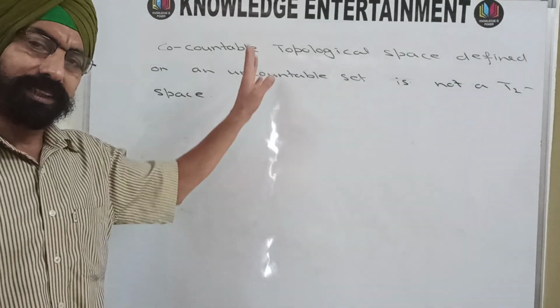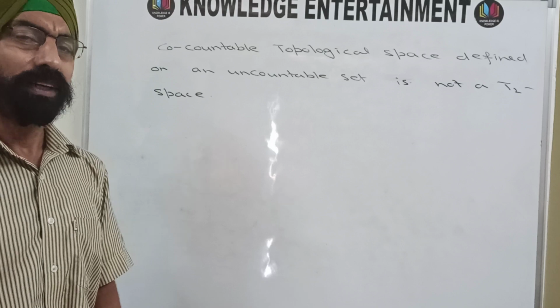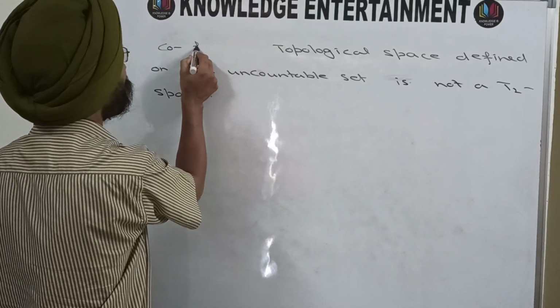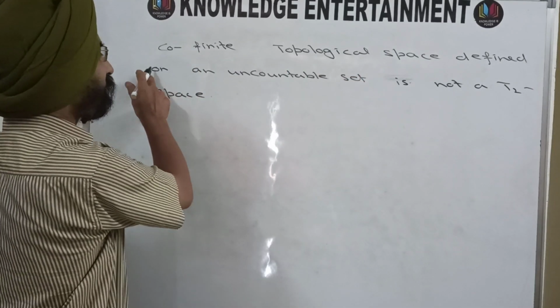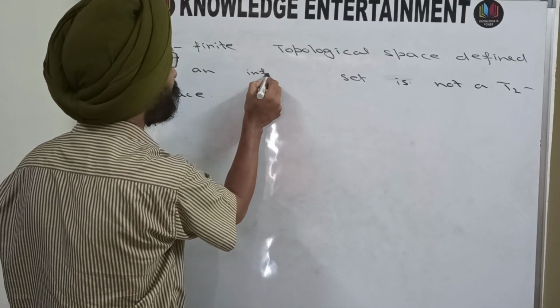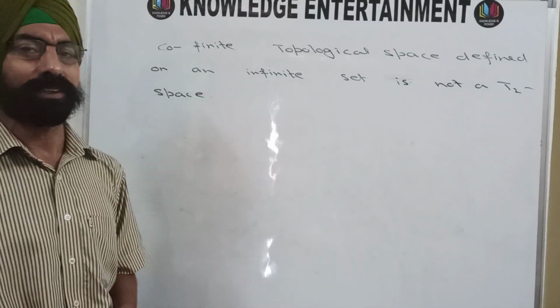On the same lines, what we have just proved, on the same lines, we can prove that co-finite topological space defined on an infinite set is not a T2 space.